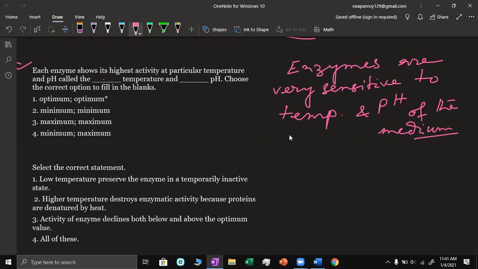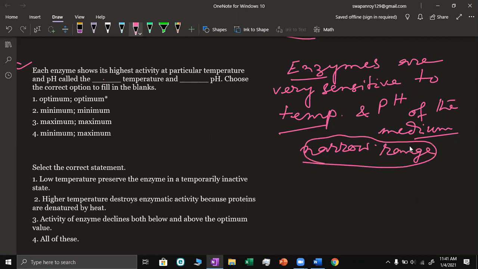Their choice is not a very wide range. The enzyme functions within a very narrow range of temperature and a narrow range of pH, particularly because enzymes are made of protein, and with the change in pH, the structure of the protein changes.